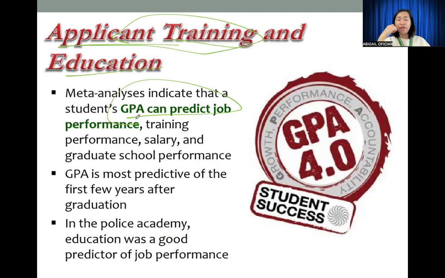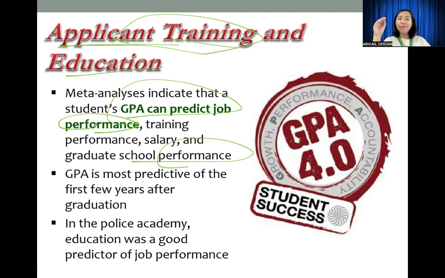Because GWA is very effective as a predictor of performance. It can predict job performance. So the higher the GWA, the more we expect that the applicant will perform well in the job he is applying for. Okay?